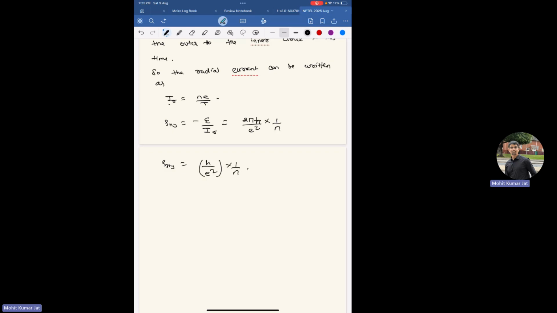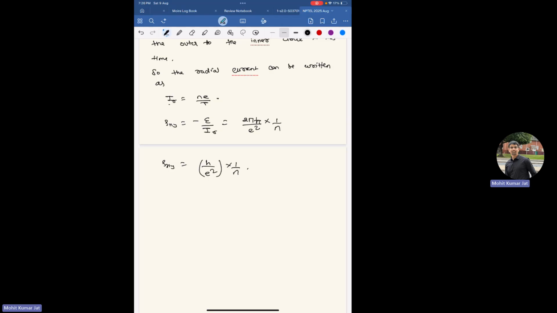So we can say that each time you change your flux by phi naught, your rho xy will be h by e square times 1 by n, and n is the number of charge carriers which go from the outer edge to the inner edge, or vice versa, depending on the polarity of the charge carrier. So you can essentially determine whether one electron has gone from the inner edge to the outer edge or from the outer edge to the inner edge.